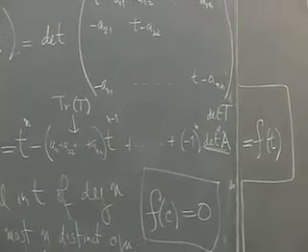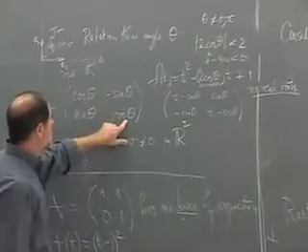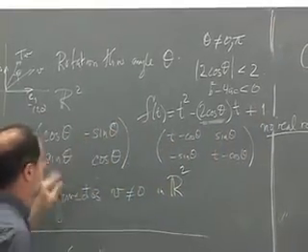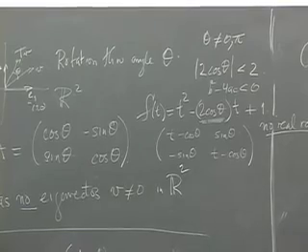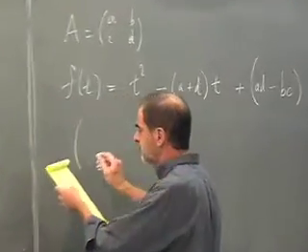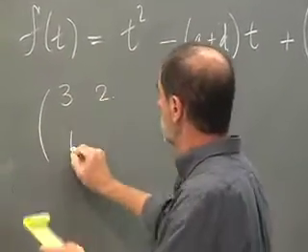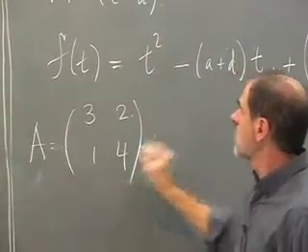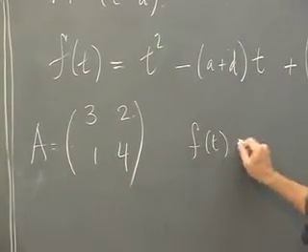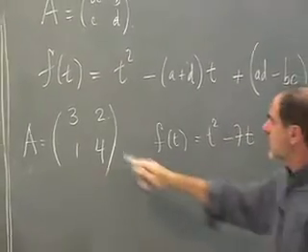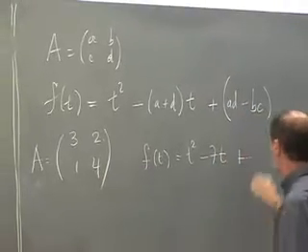So here I could see that the term was this because that's the trace of this matrix. And the determinant of this matrix here is 1, cosine squared plus sine squared. So in general, you get this formula. For example, if I gave you this matrix and I asked you what its eigenvalues are, you would say, well, look, f of t is t squared minus 7t plus, so we have to do the determinant, 12 minus 2, 10.